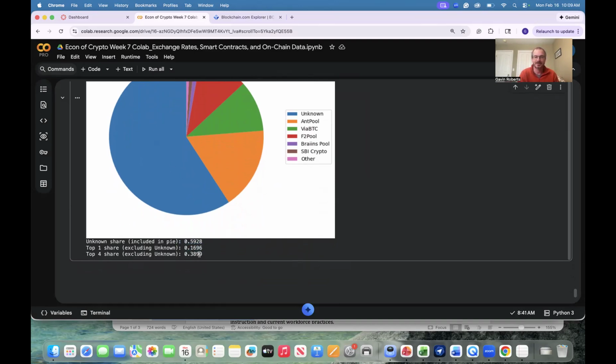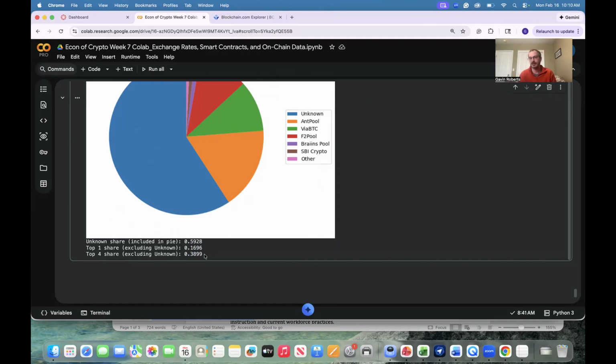And then we could add up the top four, which reaches about 40%. So now you can think about, what if those top four pools, Ant Pool, Via BTC, F2 Pool, and Brains Pool, colluded with each other? That would represent almost 40% of the computational power on the blockchain. And if that reached 50%, that would definitely be concerning from a centralization standpoint, and simply from a pure market power standpoint too.